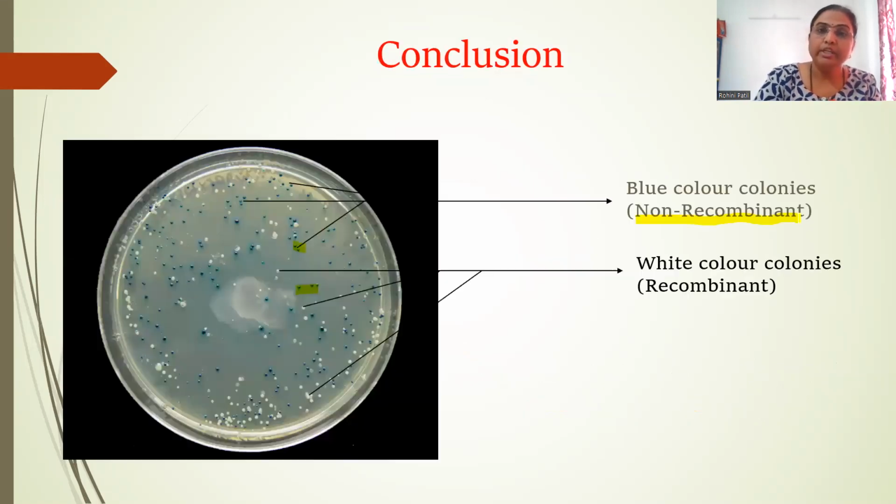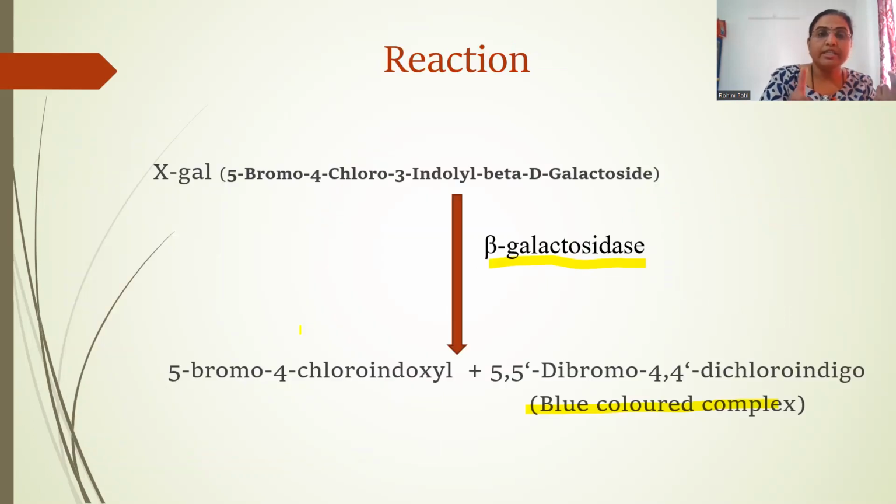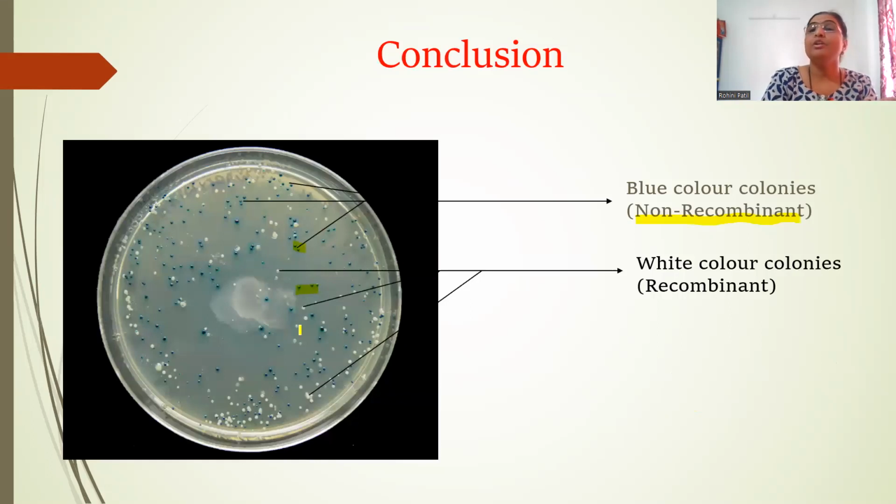Okay, so here you are going to observe that the colonies are white colored. As there is no functional beta-galactosidase, it cannot act on the X-gal. As it is not going to act on the X-gal, there is no blue colored complex. No blue colored complex means what? The colonies are white in color.